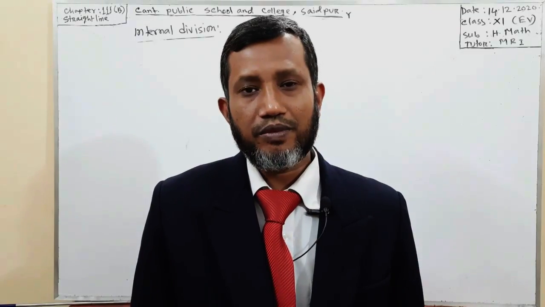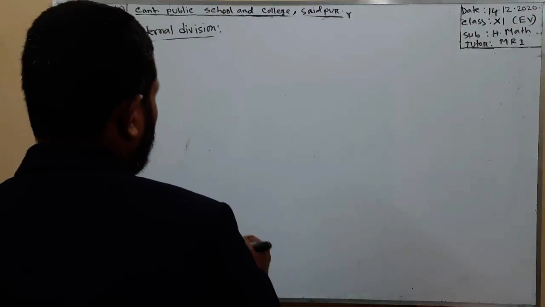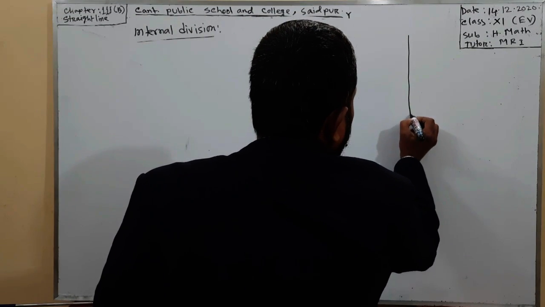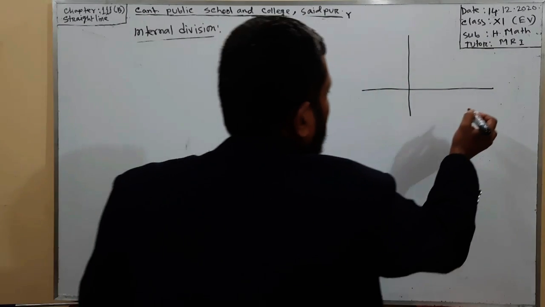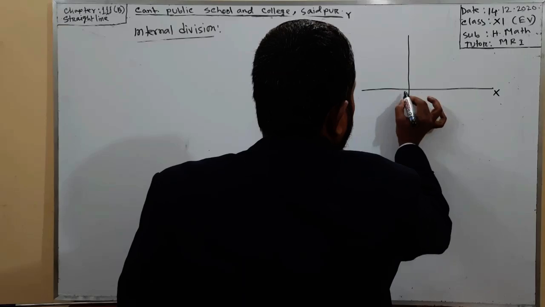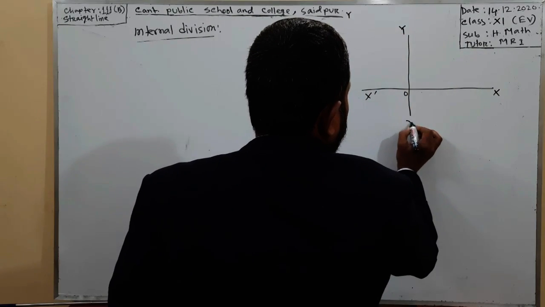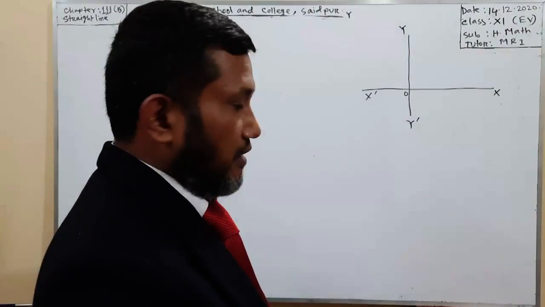Today, I will discuss internal division of a straight line. Suppose XOX' and YOY' are the x-axis and y-axis respectively.